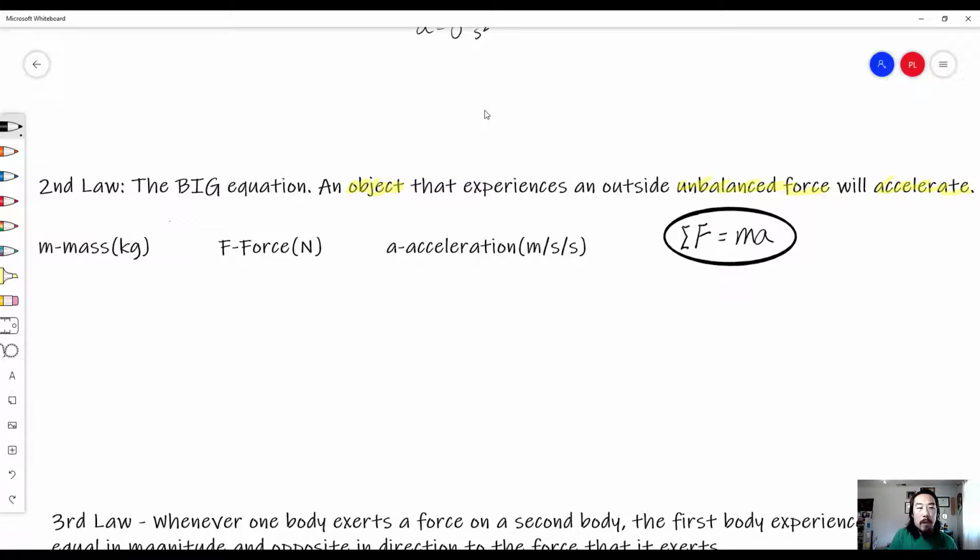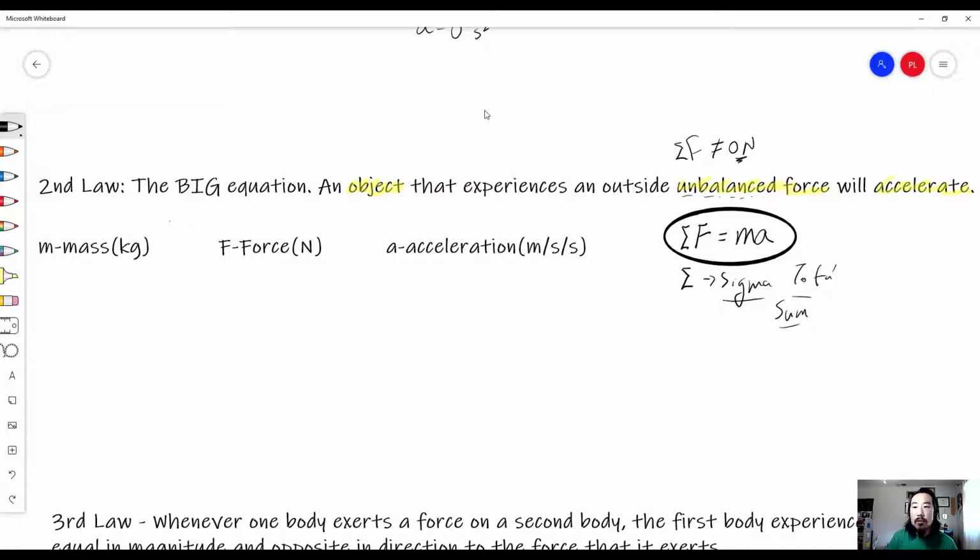The word unbalanced simply means that when you add up all the forces, by the way, this Greek letter here, that's sigma, that means total, or the sum, or the summation. So if you were to add up all the forces, you will get a number. And when we are talking about unbalanced forces, that means that when you add up all the forces, it's a number that does not equal 0.